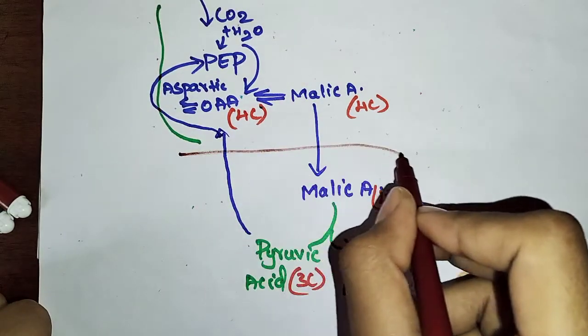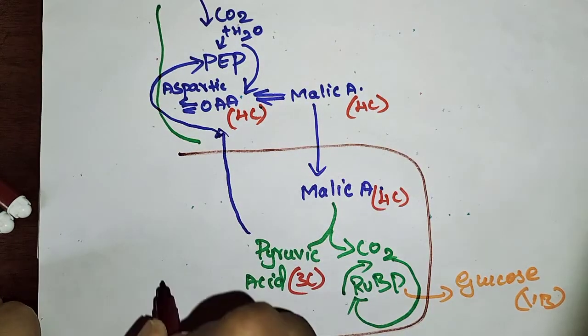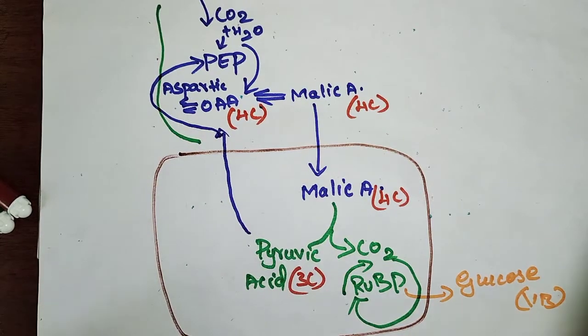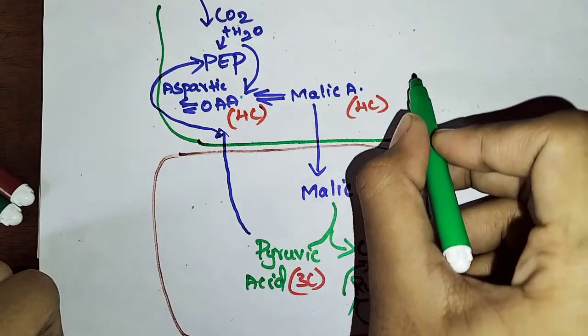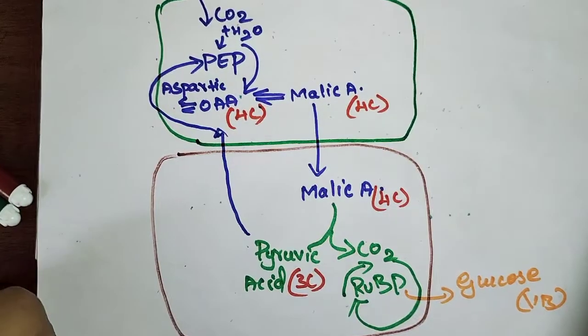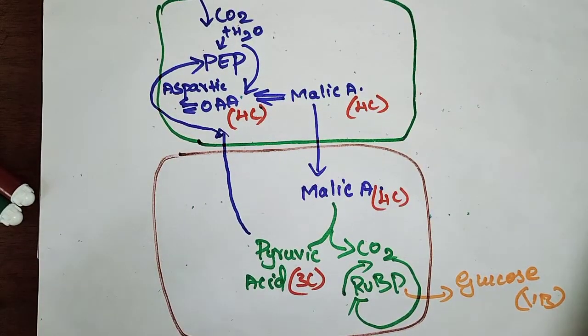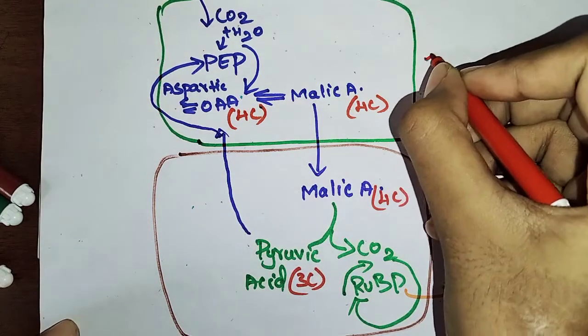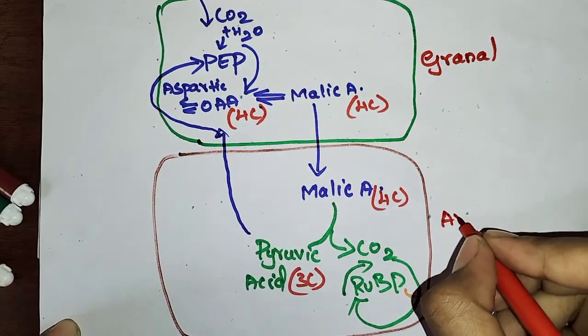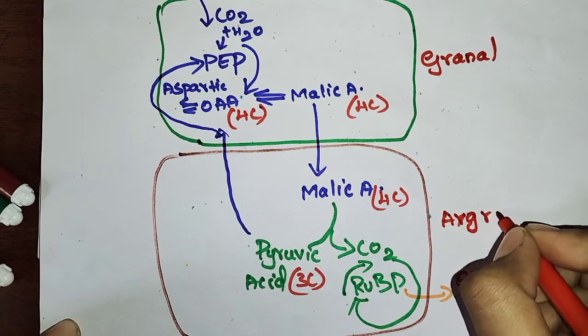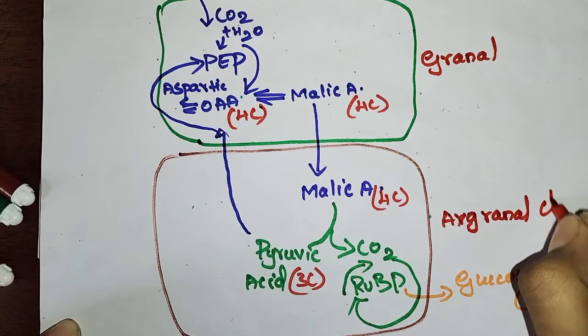This is the bundle sheath cell. Okay, and this is the mesophyll cells. Okay, so I told you two types of chloroplast, right? So where they will be present here means here we have granule chloroplast.